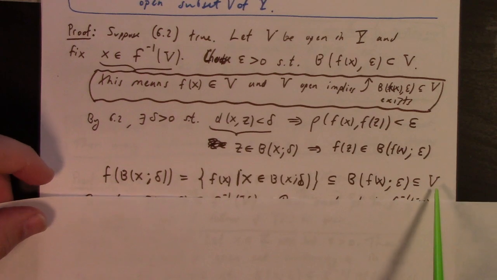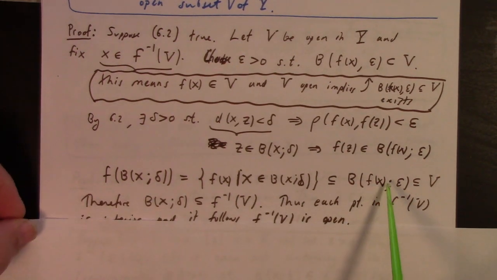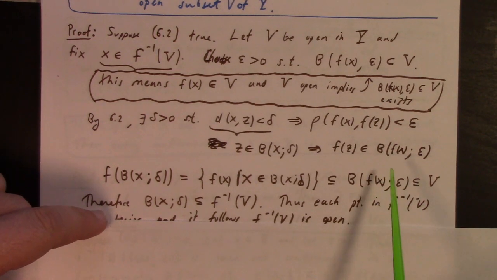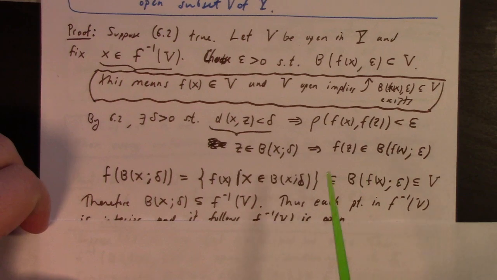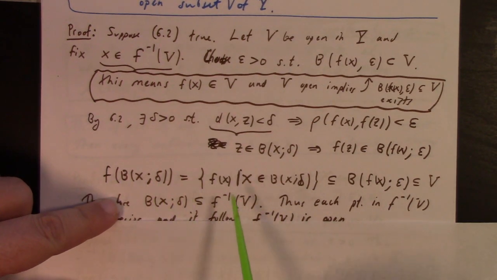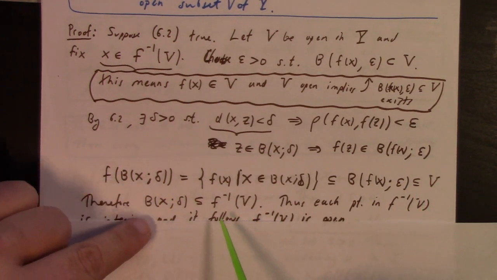All right, so what does that say? Well, it says that this ball of radius delta centered at x is in the inverse image of V, because f of that is a subset of V. That means that f inverse of V contains that ball.